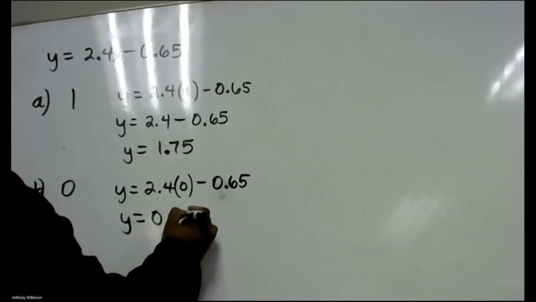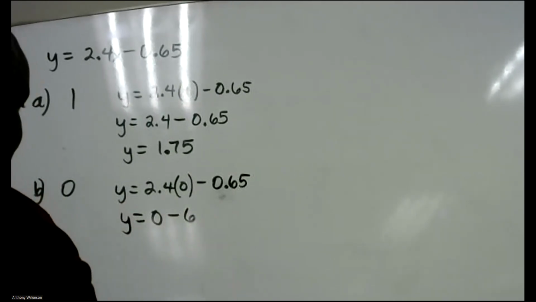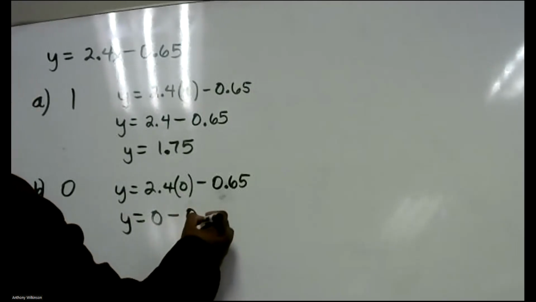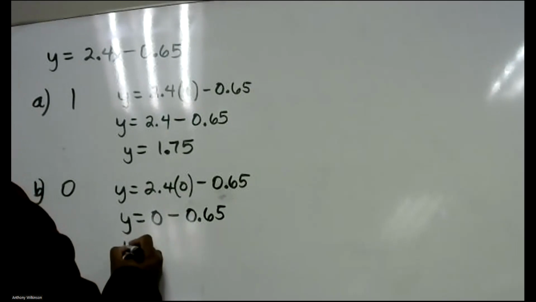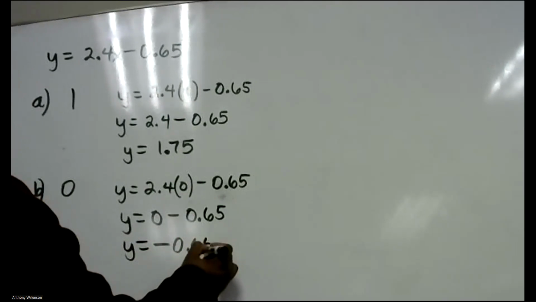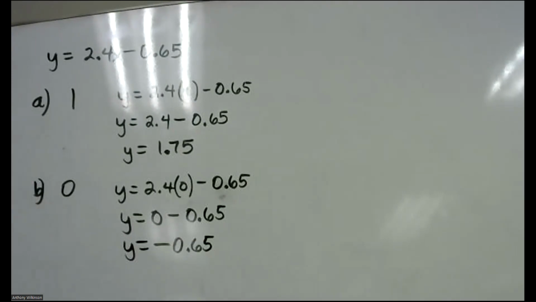So this is 0 minus 0.65. How much? Negative 0.65. So at 0, we would expect to get a y value of negative 0.65. Okay. Questions on part B.